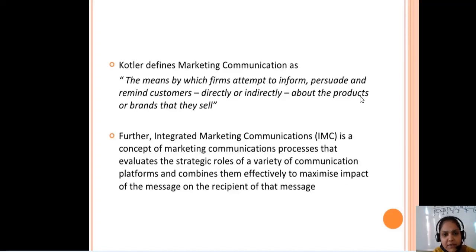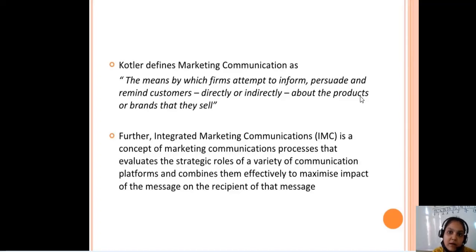It means that with the help of marketing communication, you tell people about the product and the brand that they sell, how they are selling it, and in what way. So you inform the people who are selling these brands and products.